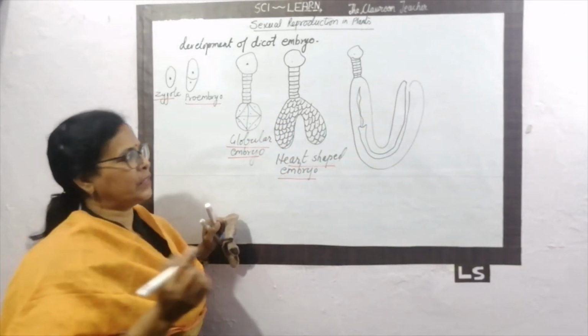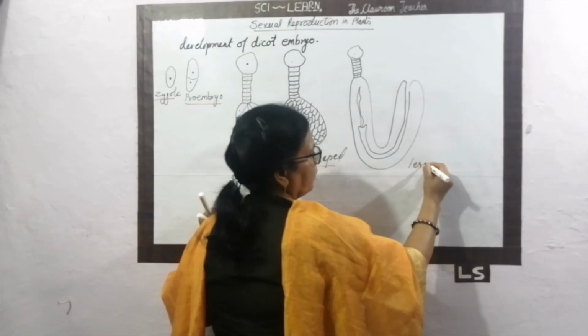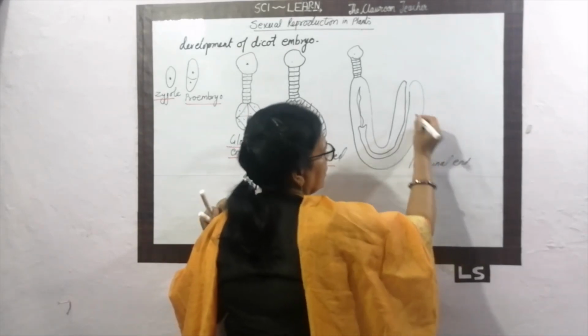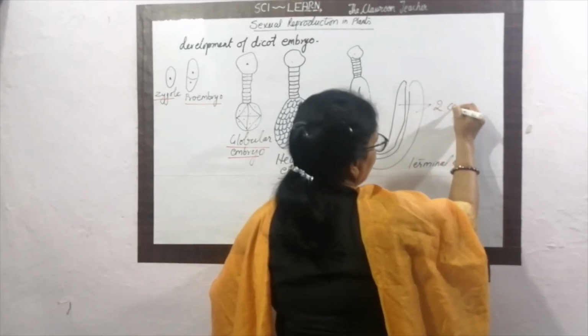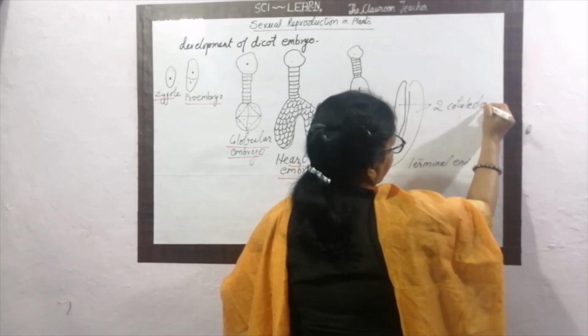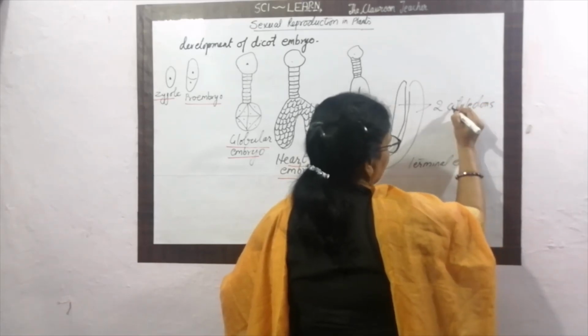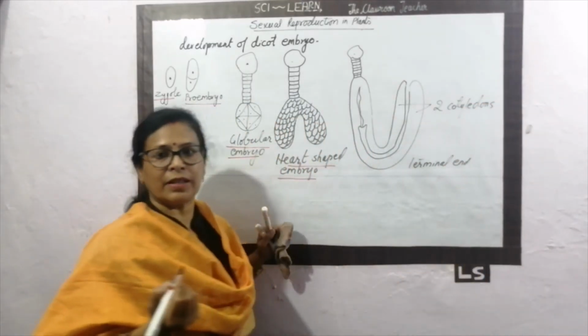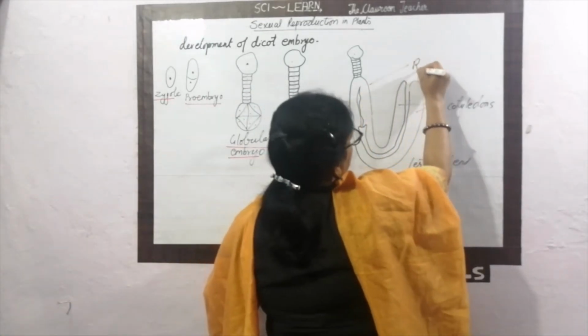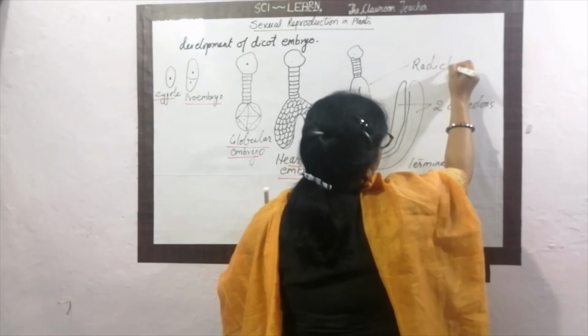And at this time, this is the terminal end. This is cotyledon, two cotyledons, because this is a development of a dicot plant. This is responsible for the development of the radicle.